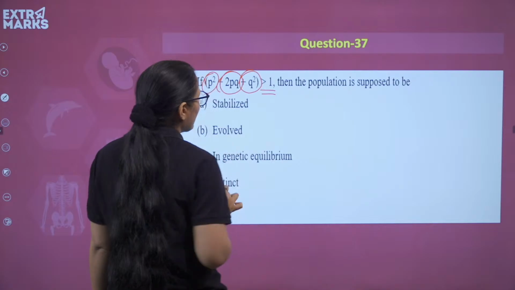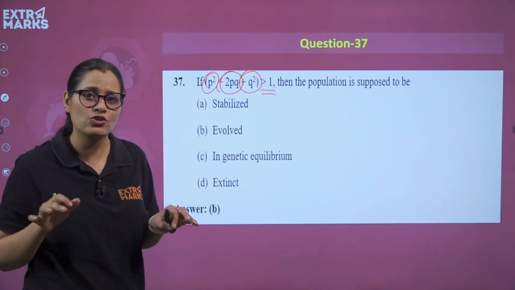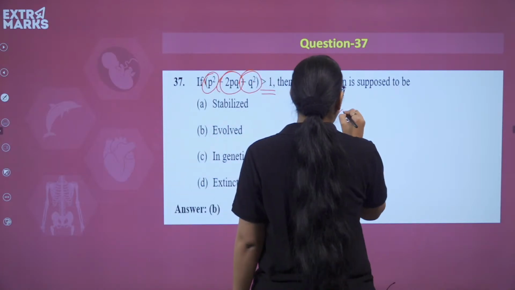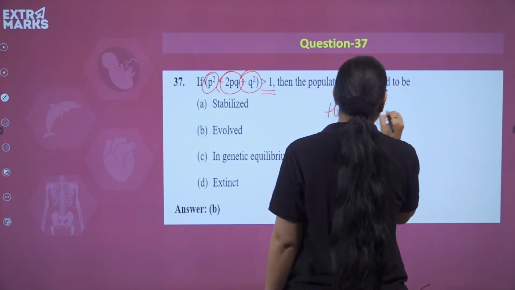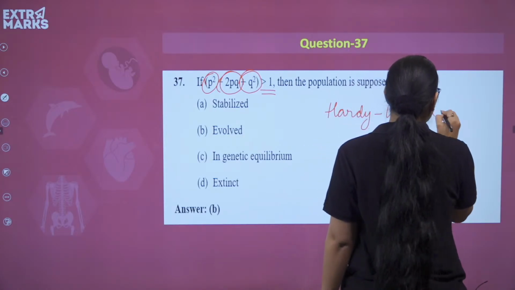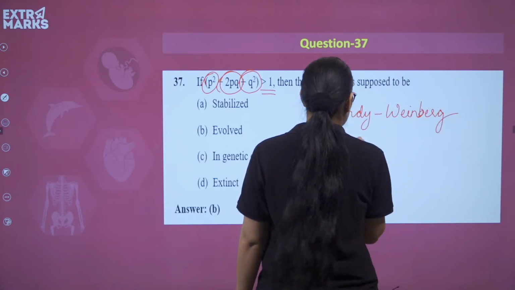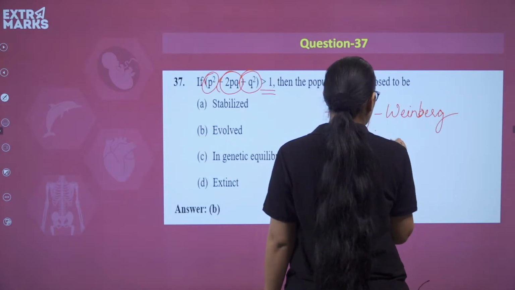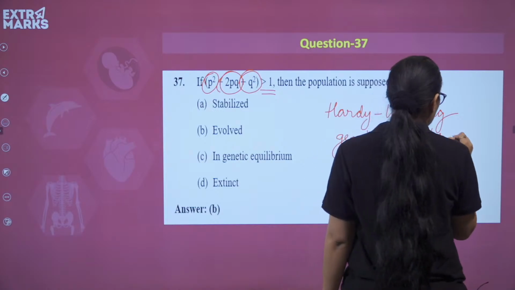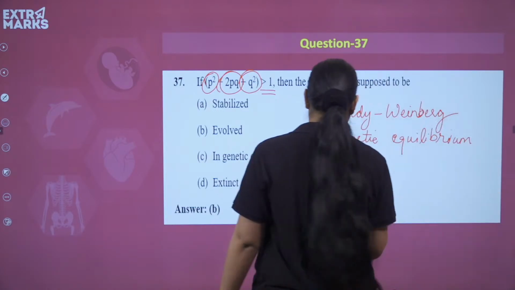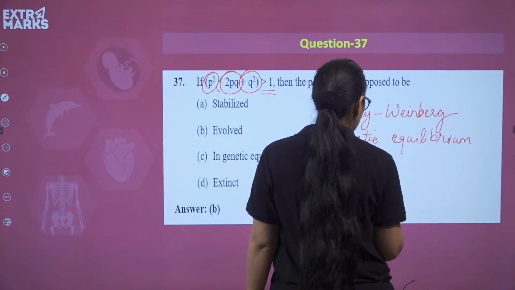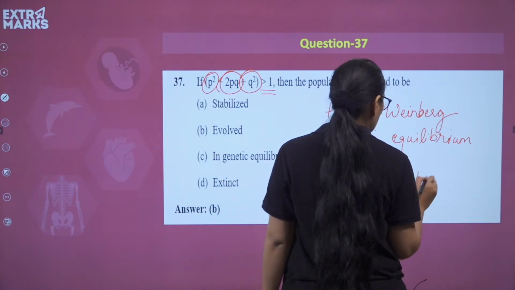The next question, question number 37, says, if p square plus 2pq plus q square is more than 1, that is your Hardy-Weinberg genetic equilibrium is disturbed. Hardy-Weinberg genetic equilibrium is which is what? p square plus q square plus 2pq equals 1.